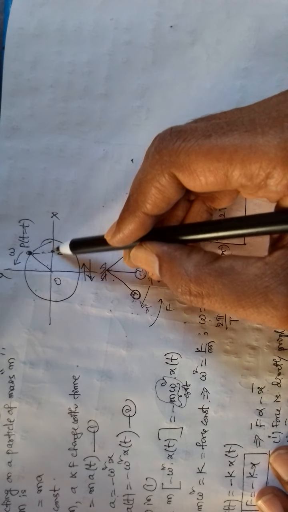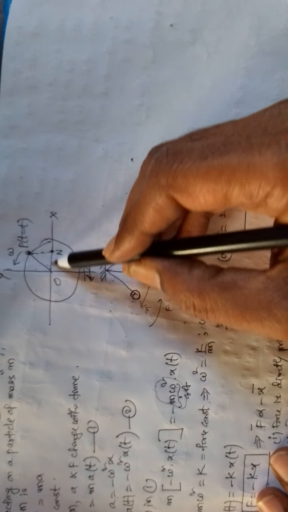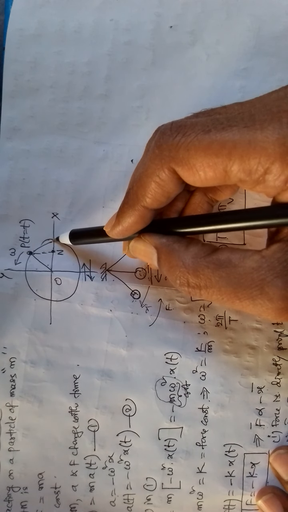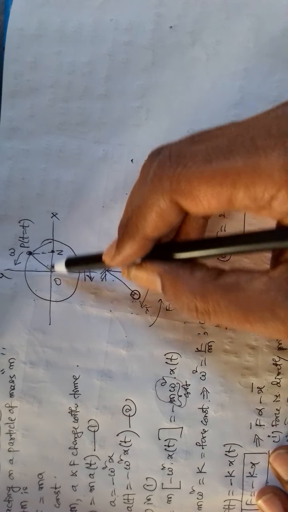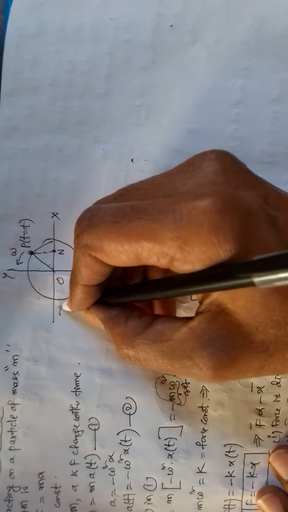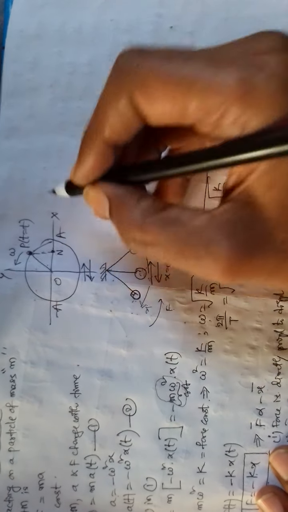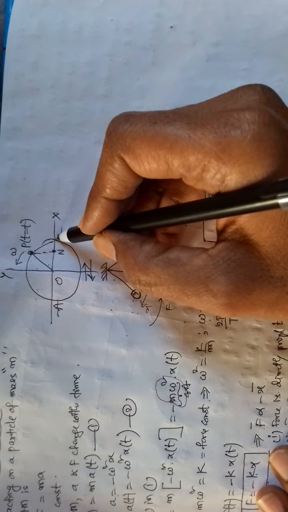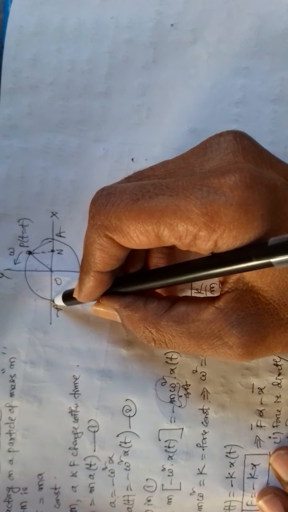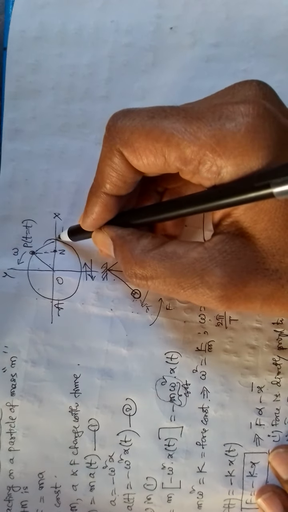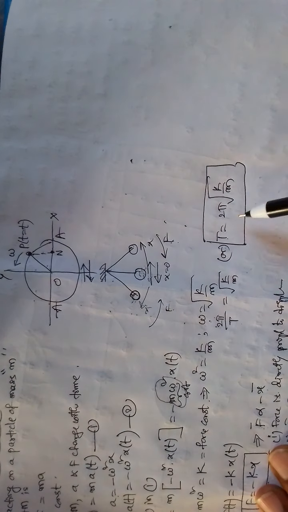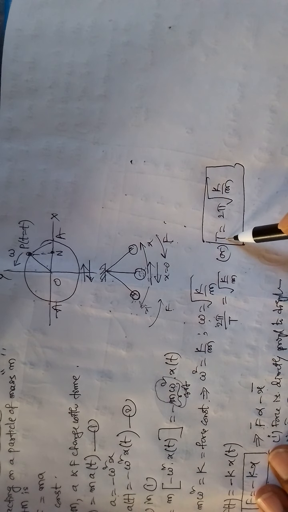It moves to the left extreme position and comes back. Suppose this is minus a, this is plus a. Time taken from plus a to minus a, and again minus a to plus a, is taken as the time period here.